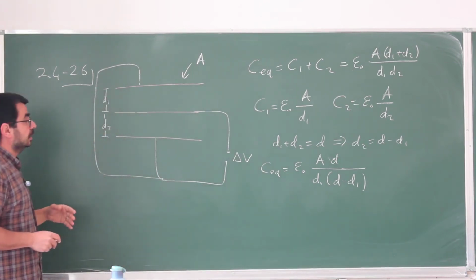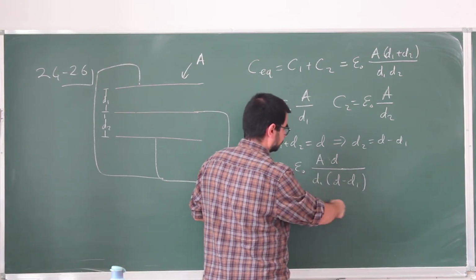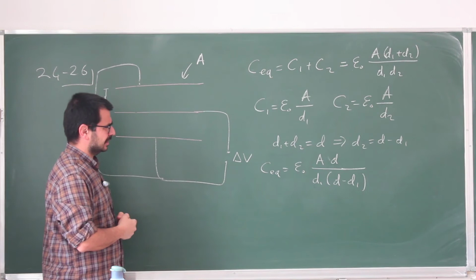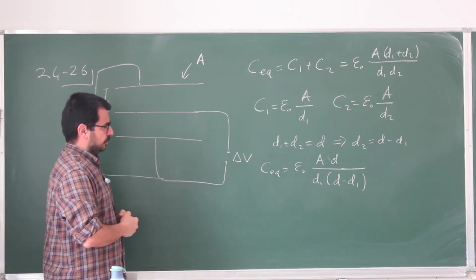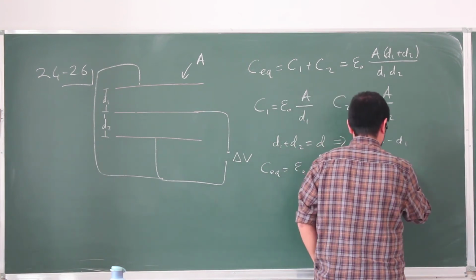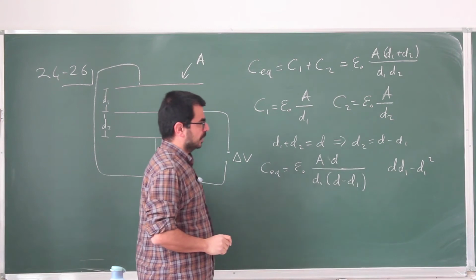The other one, what will be the minimum? For that, let's take a look at the denominator. That's the only part that depends on the variable D1. So this is D times D1 minus D1 squared.